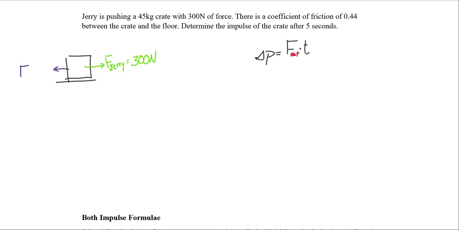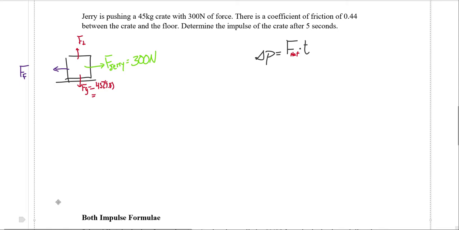But we don't know the size of this force of friction yet. That means we're going to have to use our other forces that we're aware of. There's some gravity and some normal force. Now we see gravity and normal force are balancing. So if I were to determine my gravity using 45 times 9.8, that will help balance my normal force.